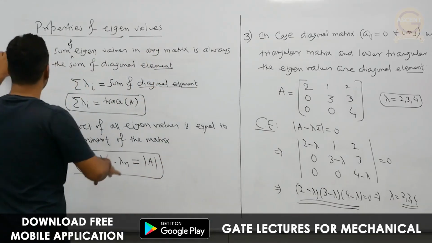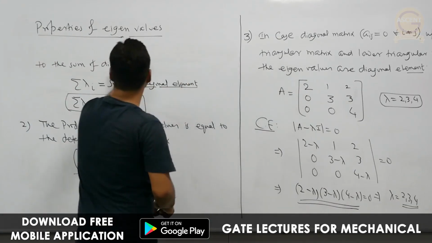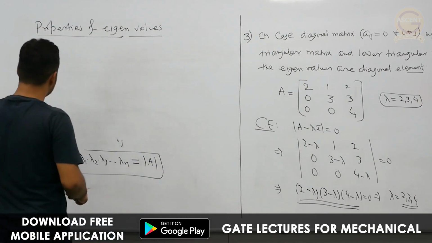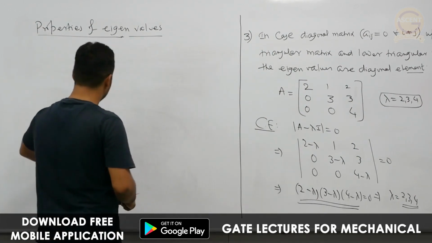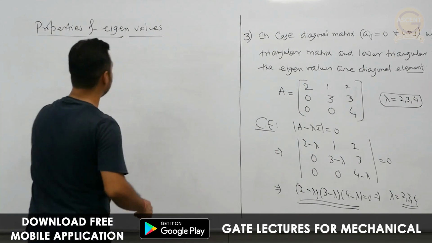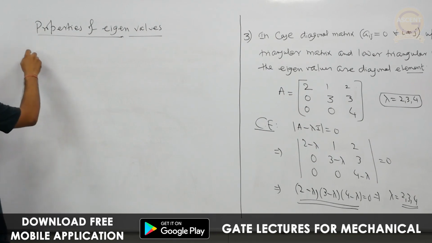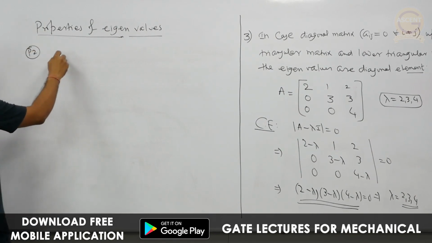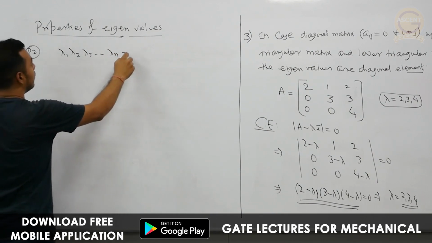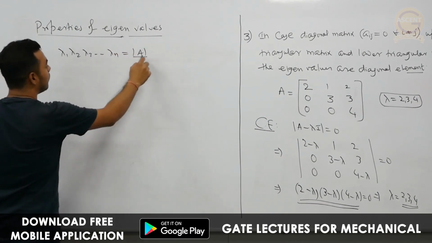Now another important property in the case of these three matrices is this. We have just discussed that for any square matrix, the product of eigenvalues is equal to the determinant. We have seen this was our second property: the product of eigenvalues lambda 1, lambda 2, lambda 3 up to lambda n is nothing but the determinant of the matrix.